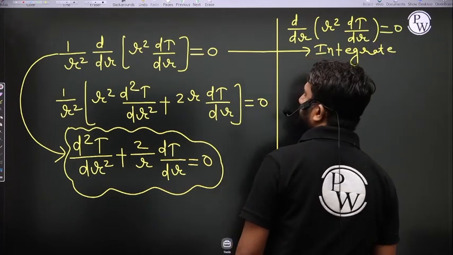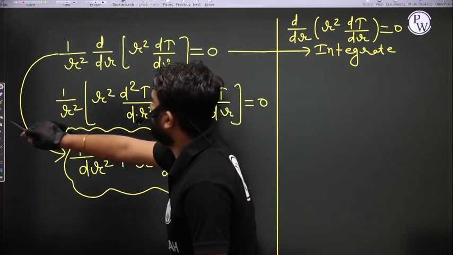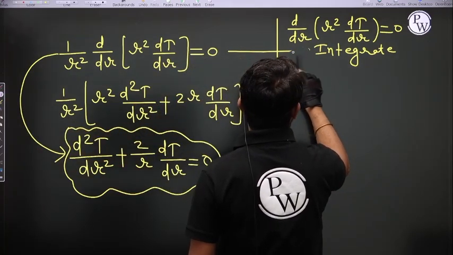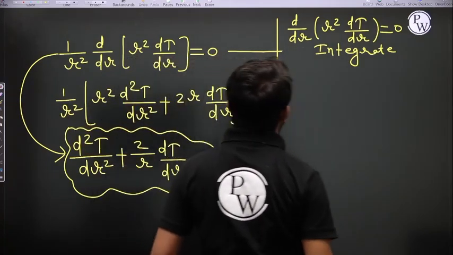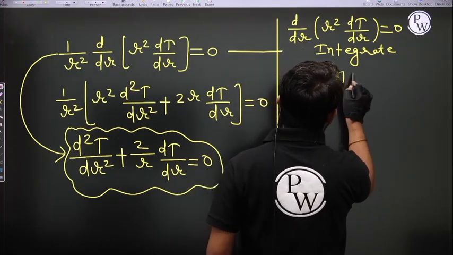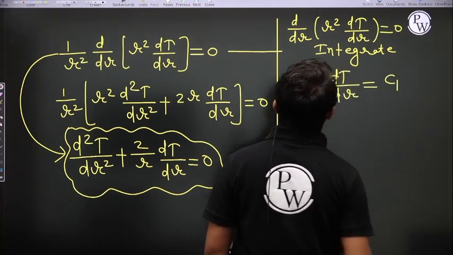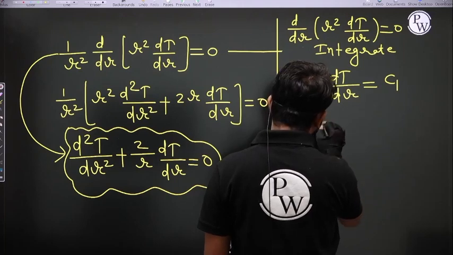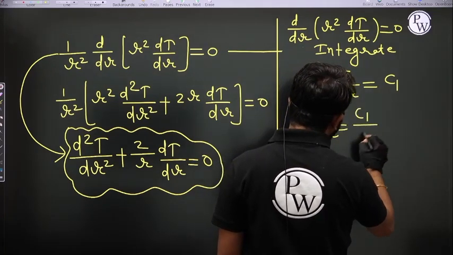Now integrate: r square dt by dr is equal to the integration constant C1, right? Then simplify: dt by dr is equal to C1 by r square.